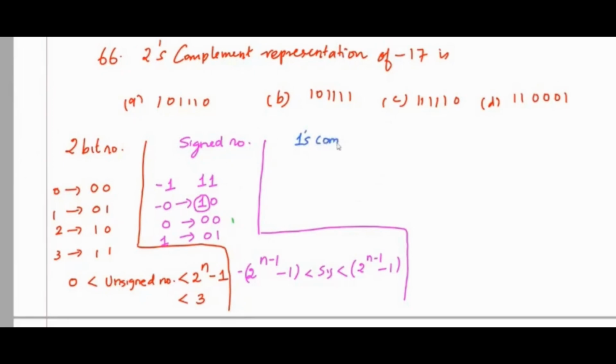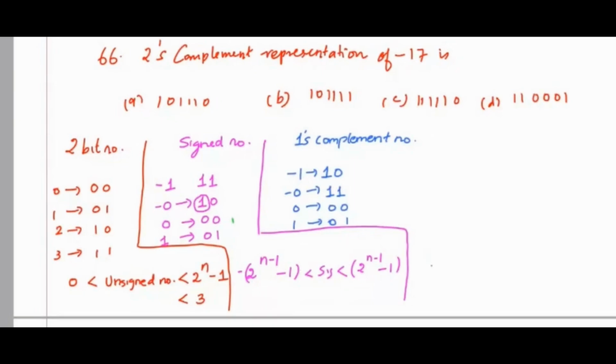Okay. So the next one is 1's complement representation. Here you can see 00 and 01 are represented as 0 and 1. But 10, since its MSB is 1, is represented as minus, and you have to change that number, right? So 10 becomes 01.